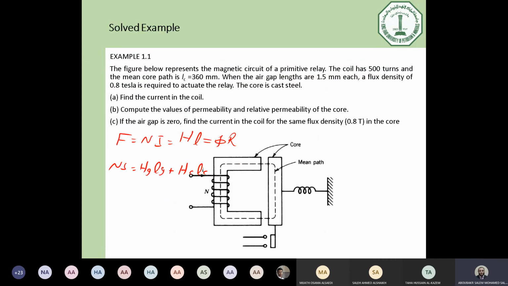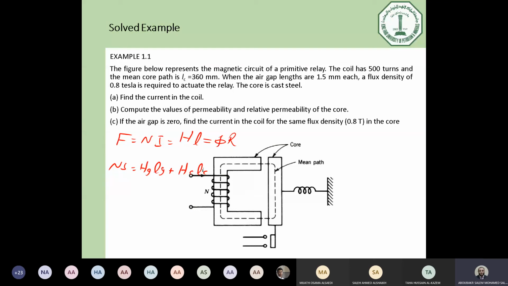In part C, it's required: if the air gap is 0, find the current in the coil for the same flux density. That is, if we achieve the same flux density on the core at 0 air gap length, which here is 0.8 Tesla, calculate the required current, which means the two parts of our magnetic circuit are completely attracted together. So what will be the required current?